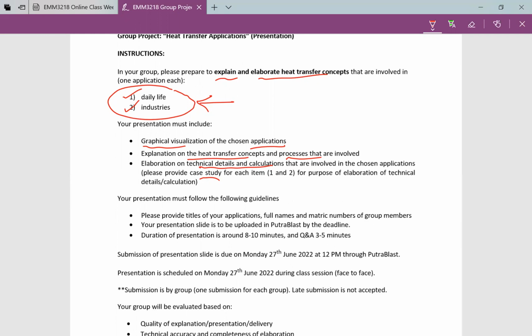We can look at the equations from your slide. It's quite obvious. But you have to explain what those equations are, what you get from them, and what you need from them. That's what I'm looking for in this part where you talk about the technical details and calculation.